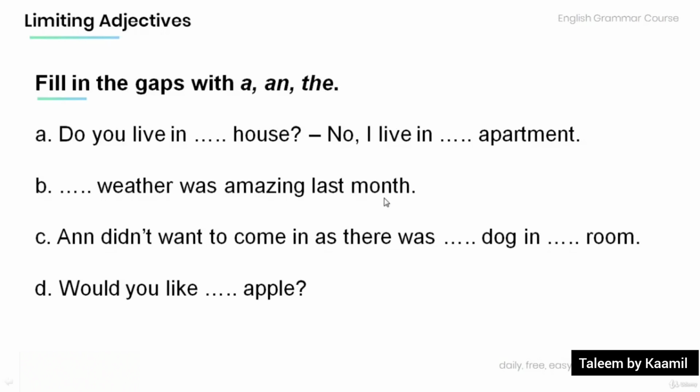And now, time for you to practice on your own. Read the following sentences and fill in the gaps with a, an, or the. A. Do you live in house? No, I live in apartment. B. Weather was amazing last month.